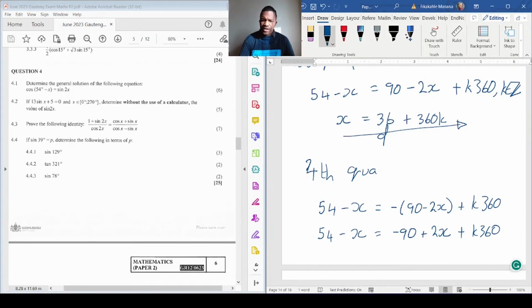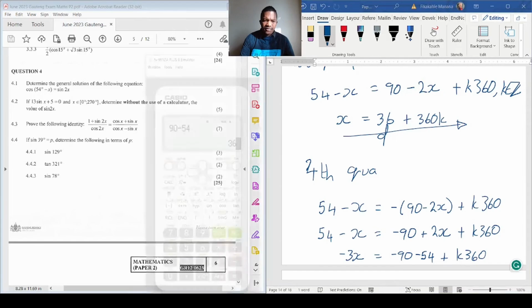Now if I bring this 2x to the other side, I get minus 3x is equal to minus 90 minus 54.